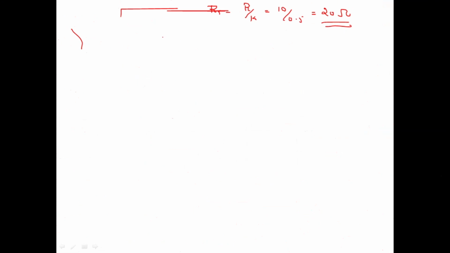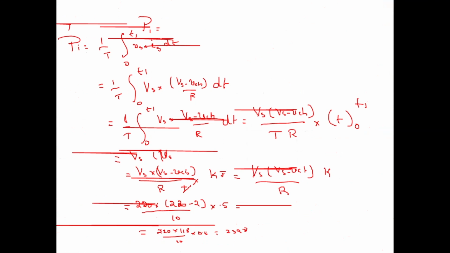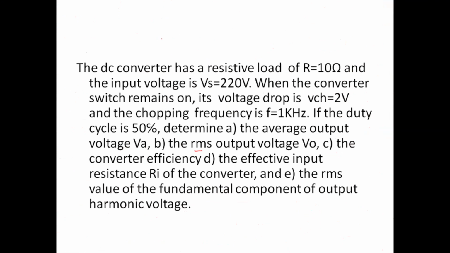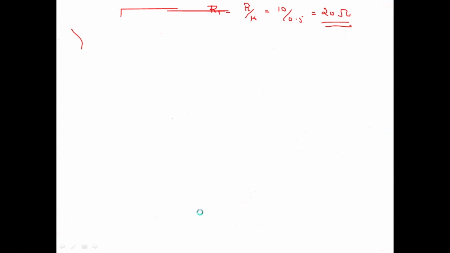Then, what is the last part? This is also enough, but there is a last part here: the RMS value of the fundamental component of the output harmonic voltage. If you are able to remember, remember. Otherwise, if you feel it is difficult, you leave it.